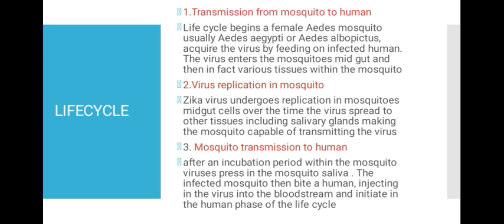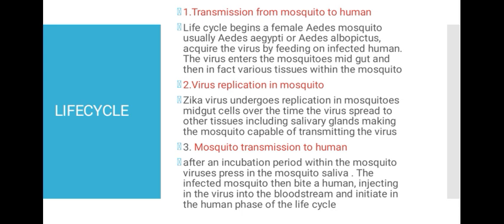Life cycle. Transmission from mosquito to human. The life cycle begins when a female Aedes mosquito, usually Aedes aegypti or Aedes albopictus, acquires the virus by feeding on an infected human. The virus enters the mosquito's midgut and then infects various tissues within the mosquito. Virus replication in mosquito.